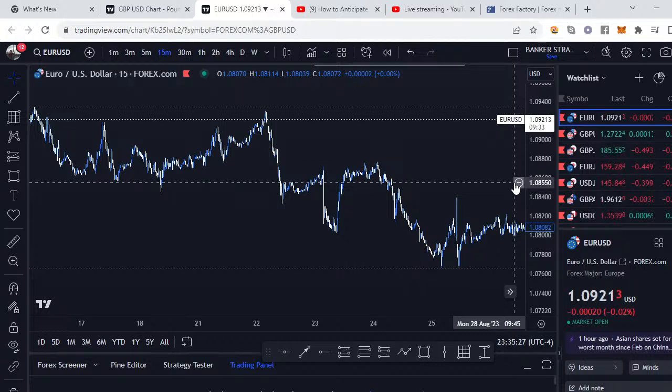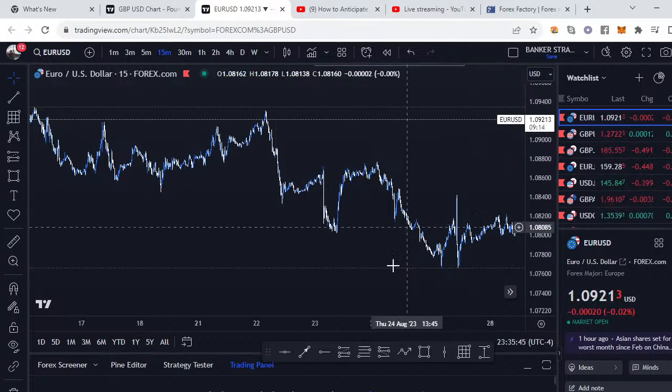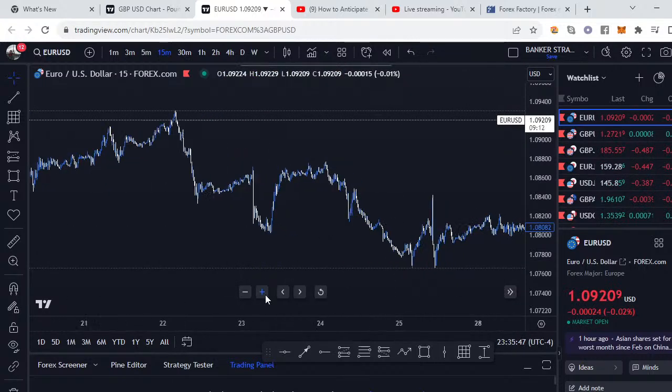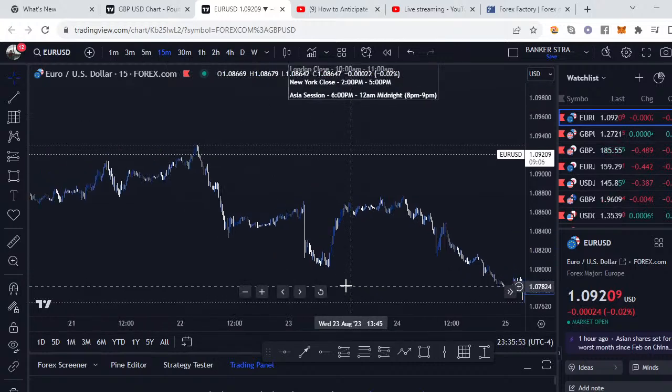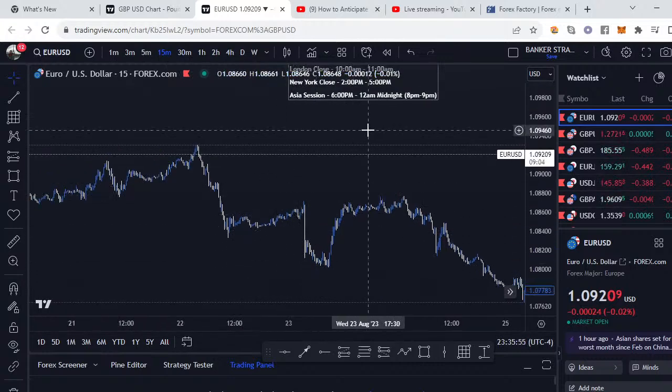Candlesticks are the tool that we're gonna use for price movement between time and price. That's all you need to know right now, because as your journey grows, you're gonna understand.